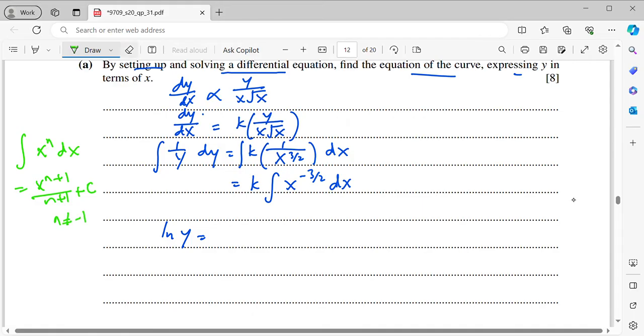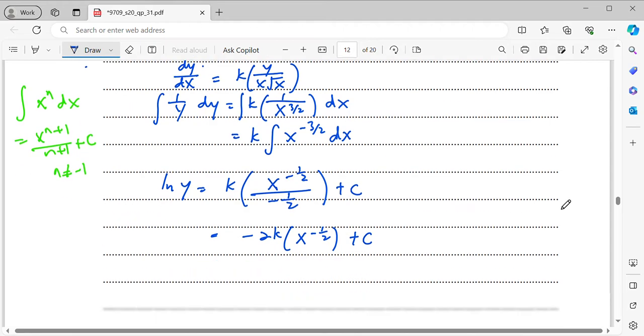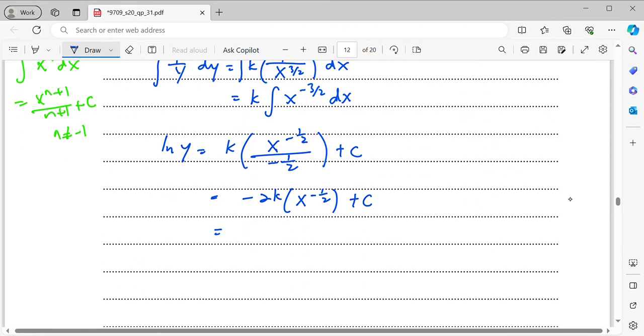Here you will get k times x to the power of negative 3 over 2 plus 1, which is negative half, over negative half, plus c. That means negative 2k x to the power of negative half plus c. Simplifying, it will be negative 2k over square root x.